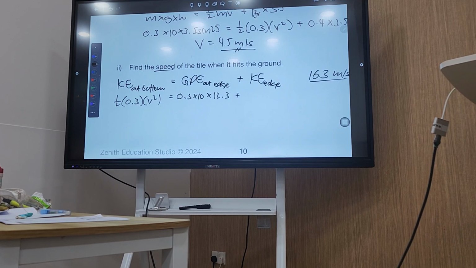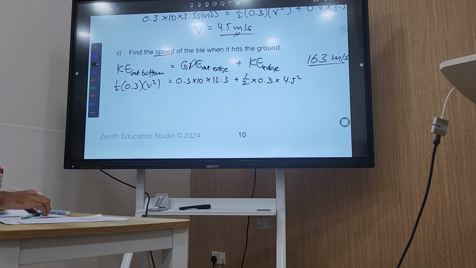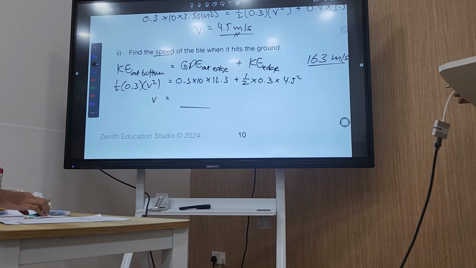Half times 0.3 times 4.5 squared. Good. From here, then you calculate, and you get your new answer. Those who got it wrong, or those who don't have your worksheet, that's what you do.